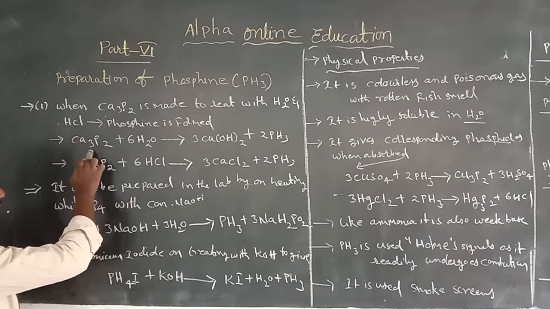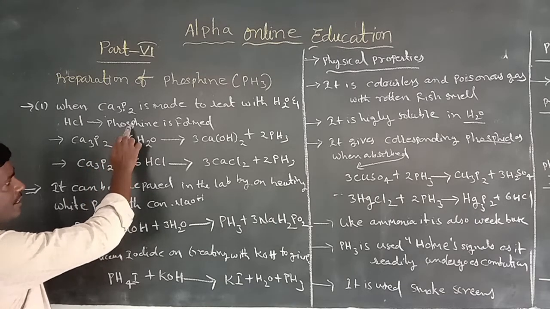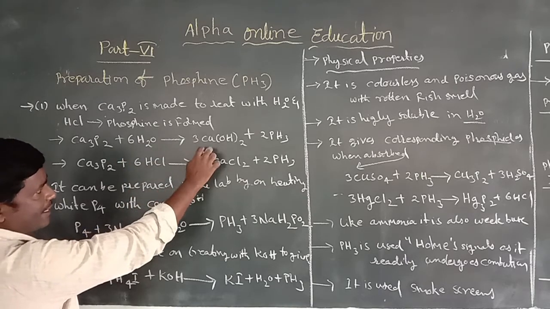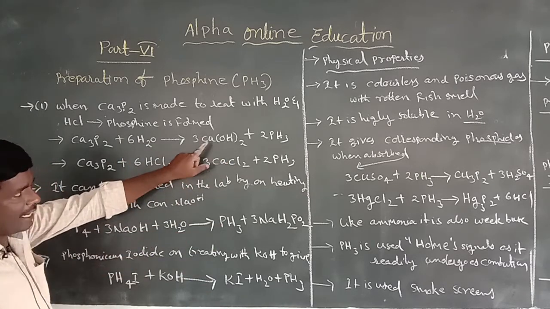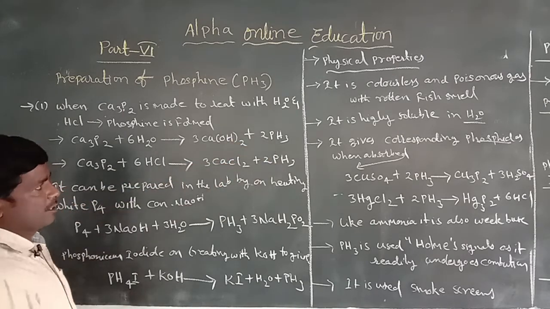Calcium phosphide Ca3P2 reacting with water forms 3 moles of calcium hydroxide and 2 moles of phosphine.